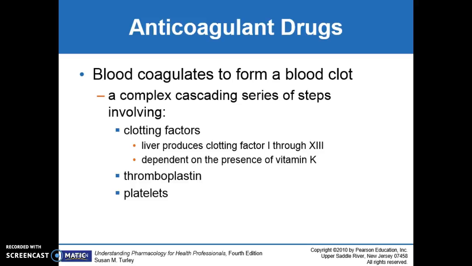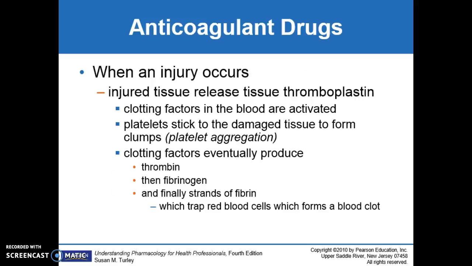We have clotting occur when there's an injury. Injury releases this specific substance called thromboplastin, and it activates that clotting. So that process starts, and there's all kinds of things that go on. There's little strands that go together, and they trap red blood cells, which form the clot.